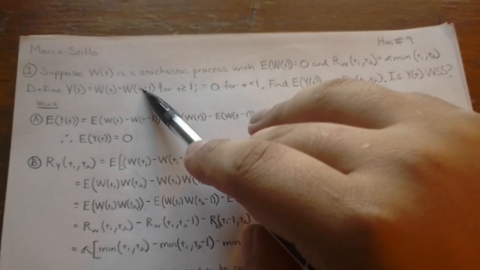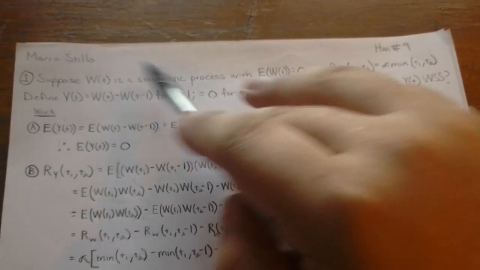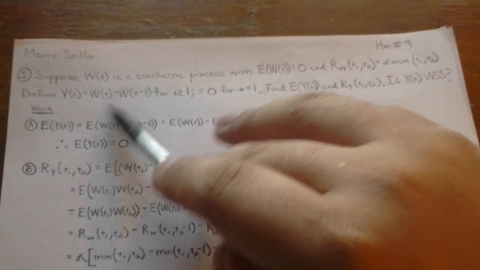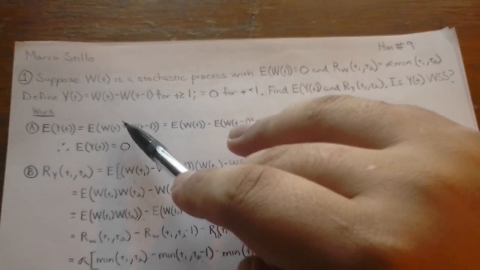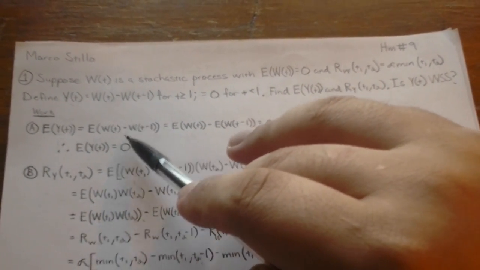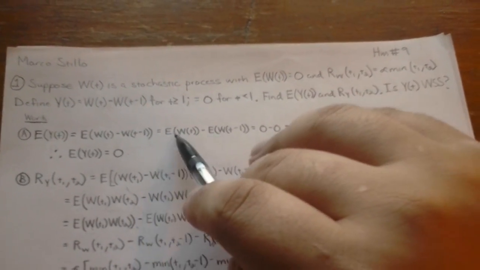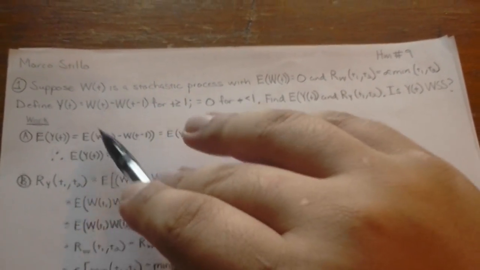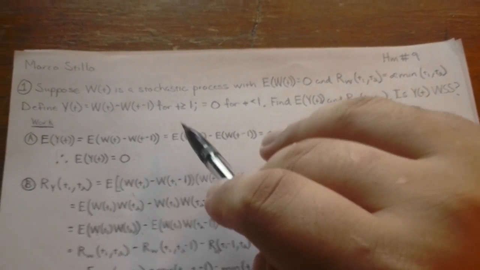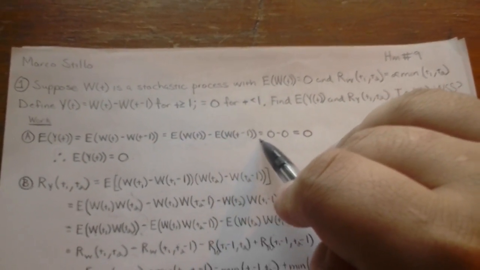So basically what we end up doing in this case is substituting in for Y of t. Substituting in this function right here, what we get is E times W of t minus W at t minus 1. We can actually distribute the E value, so what we get is the expected value of W at t minus the expected value of W at t minus 1.